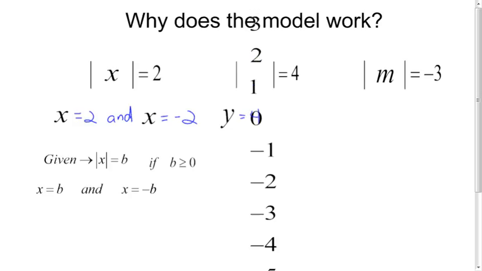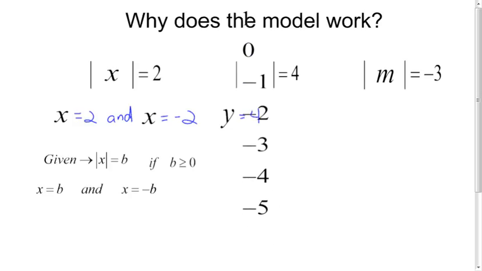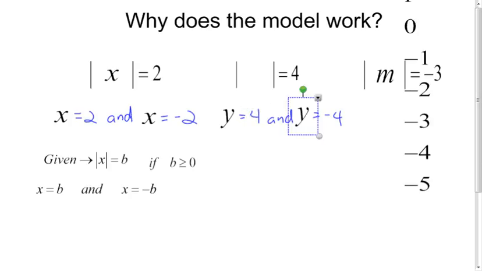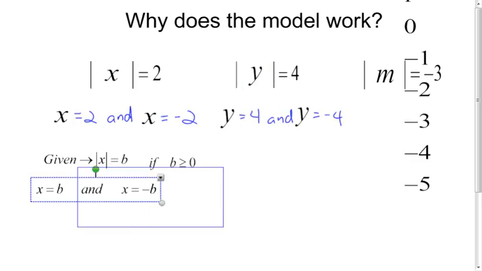False, false, false, false, false, false, false. And then, wow, that one's true too. So y will not just be 4, it'll be negative 4 as well. And again, that looks very similar to the model we're trying to work with.